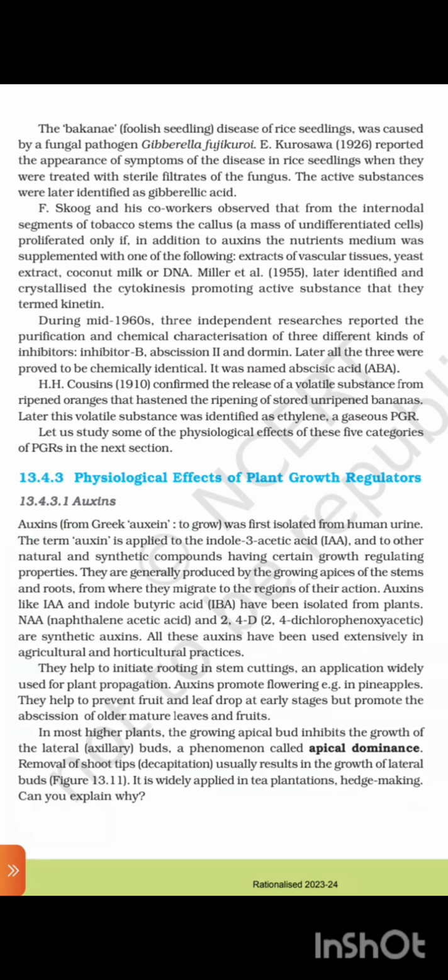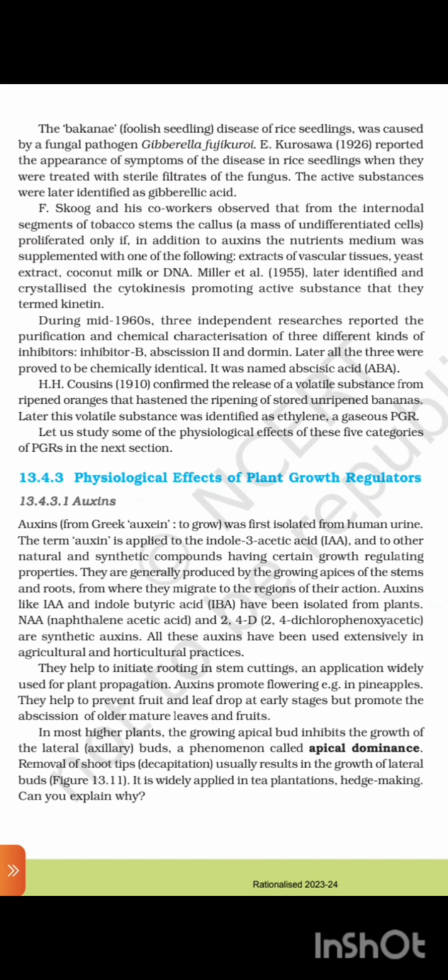13.4.3.1 Auxins. Auxin, from the Greek auxein, to grow, was first isolated from human urine. The term auxin is applied to indole-3-acetic acid, IAA, and to other natural and synthetic compounds having certain growth regulator properties. They are generally produced by the growing apex of the stem and roots, from where they migrate to the region of their action.